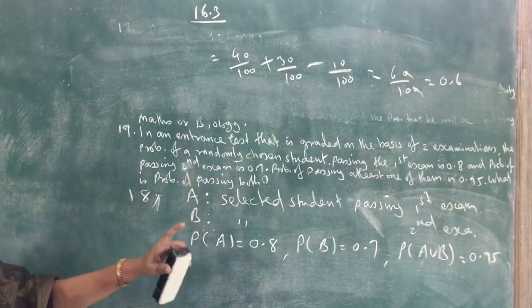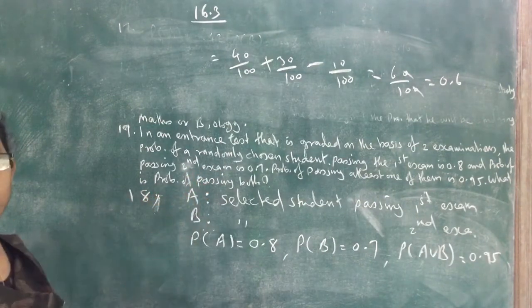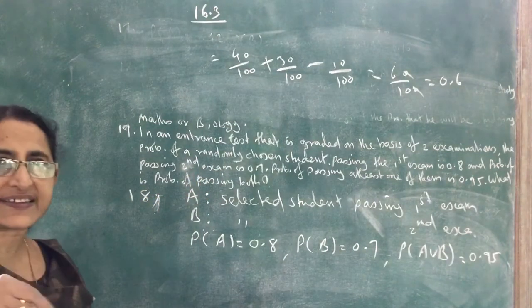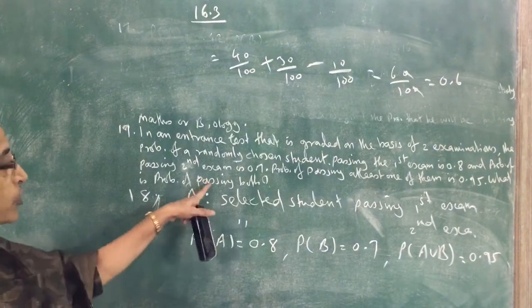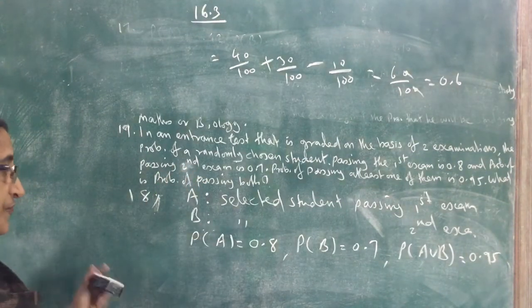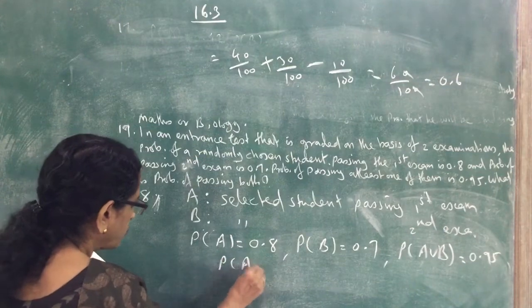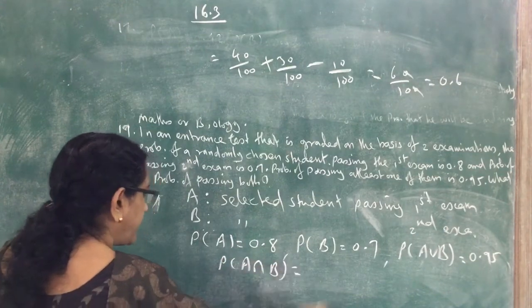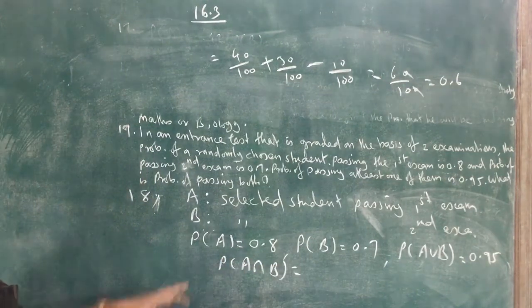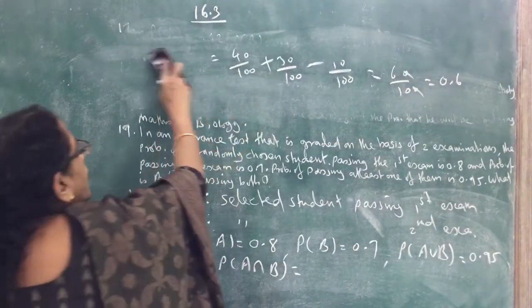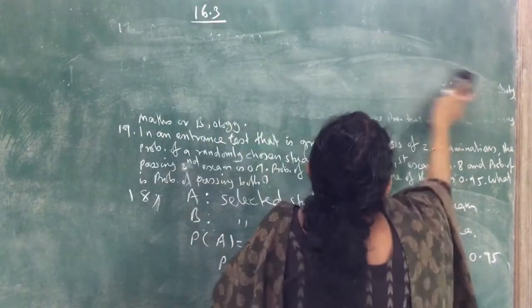Now the question is, what is the probability of passing both? What is the probability that the selected student passes both examinations? That means probability of A intersection B. So using the same formula we can find it.